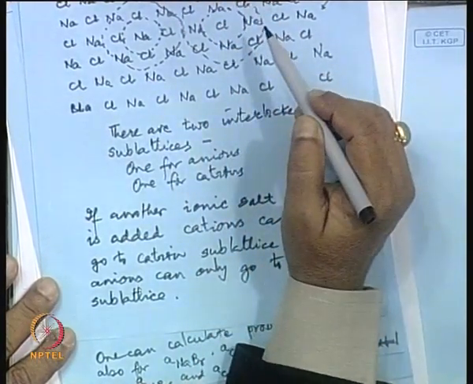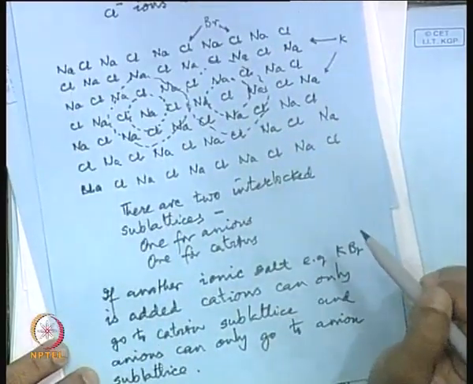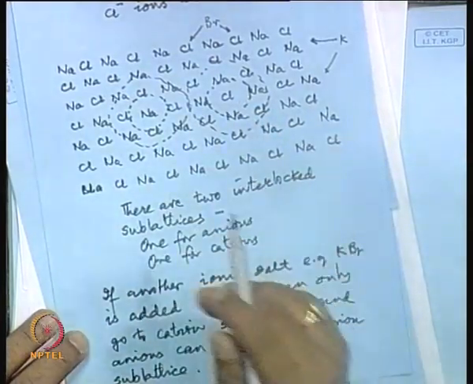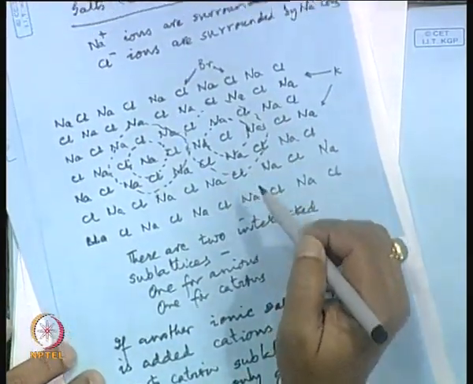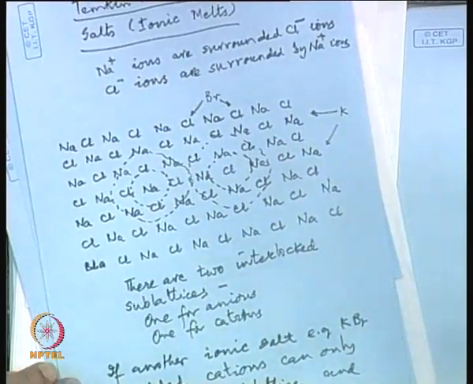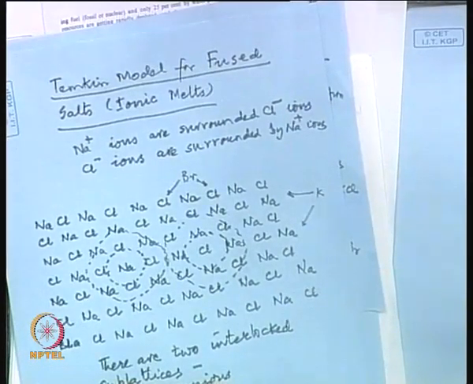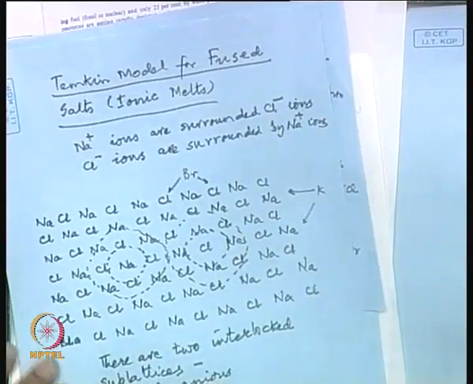In other words, the anions must go to the anion sublattice and cations must go to the cation sublattice. So, there are two interlocked sublattices, one for the anion and the other for the cation. And in that fused mixture, if another salt is added, the cations can only go to the cation sublattice and anions can only go to the places occupied by anions.